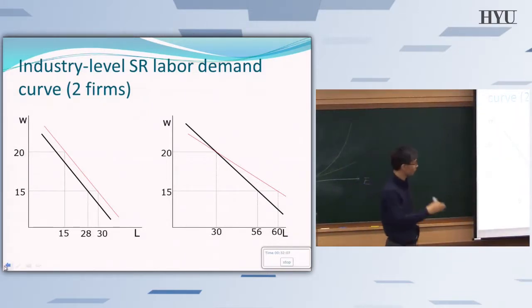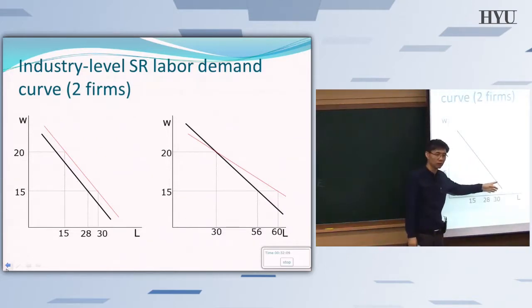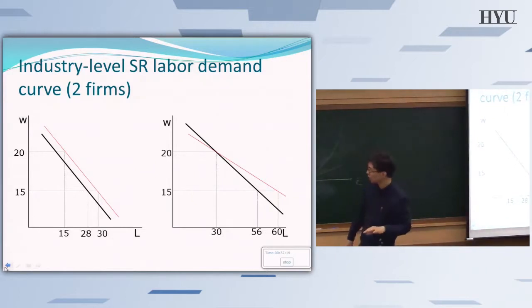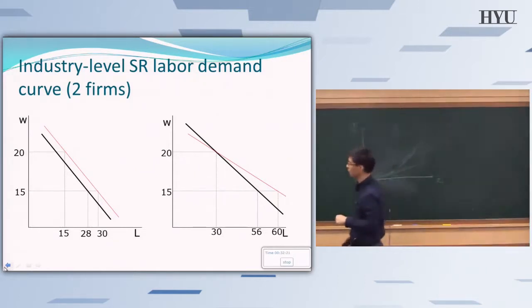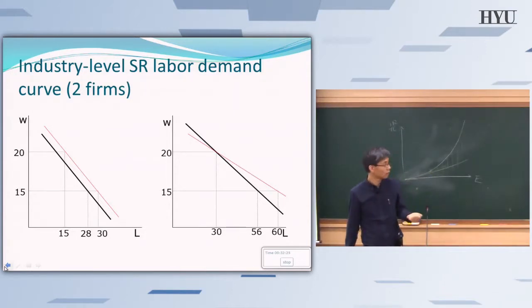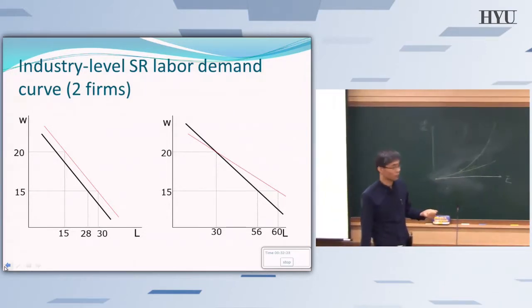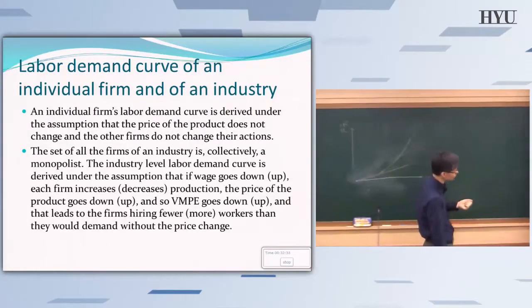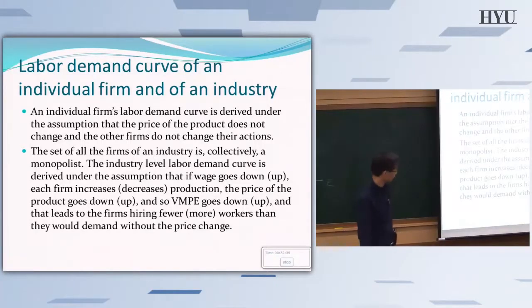But when you sum them up, if we assume the industry moves together, then we have the black curve. So our industry-level labor demand curve is different from the sum of individual firm labor demand curves. That one is explained.